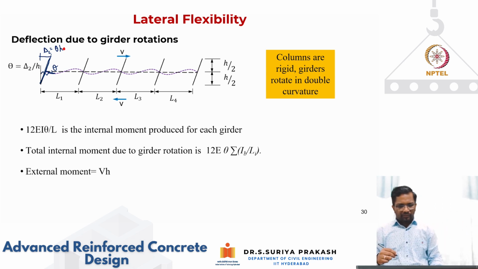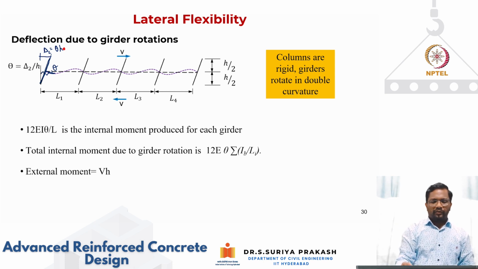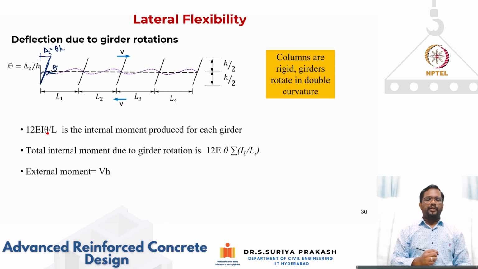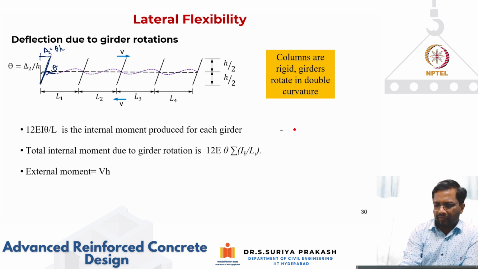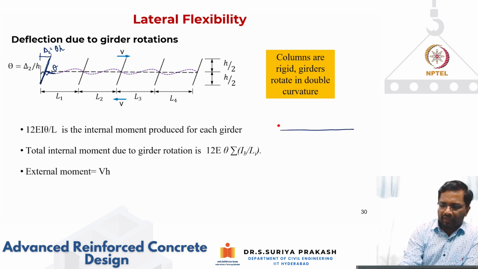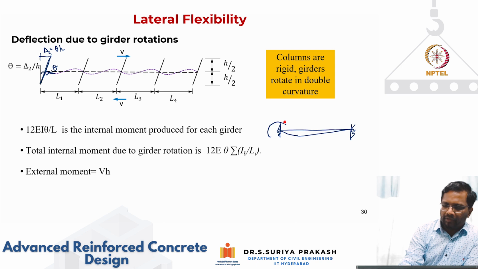So the total internal moment for each girder is going to be 12 EI into theta by L. Now, how do we get this 12 EI into theta by L? So this we can take it from your fixed case. Let's say I take this fixed girder. So for a fixed case, we know that to produce unit rotation, how much moment do I need to apply?